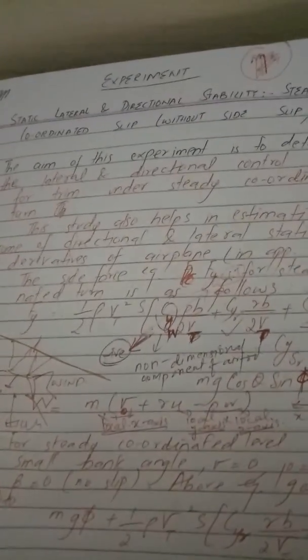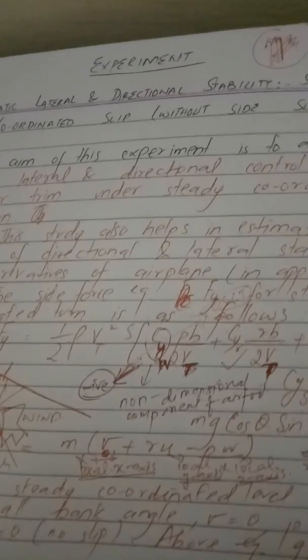So first of all, what is the aim or the purpose of this experiment? As we know, we have to calculate the aerodynamic properties as well, and the weight factor, by providing all the assumptions.